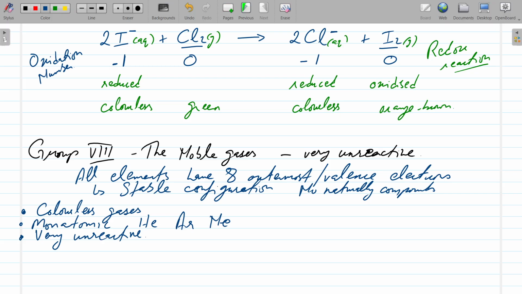I did mention that some compounds have been produced. They're not naturally occurring. An example of that is xenon hexafluoride. Xenon is one of the noble gases, so it shouldn't react, but under laboratory conditions, they have made something like this.